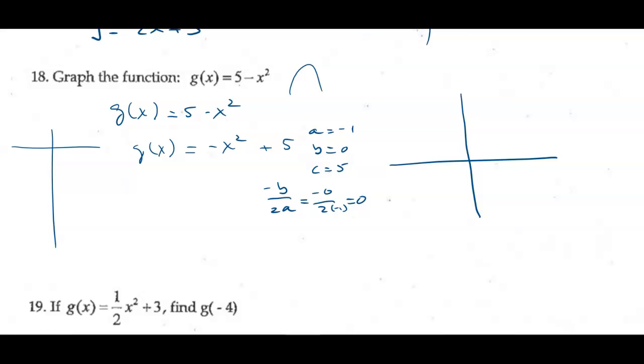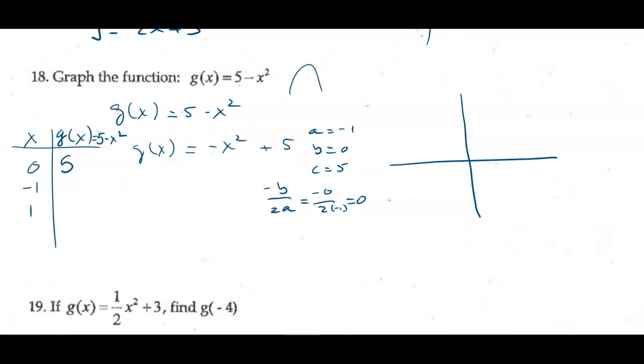Since we know the vertex is 0, it's always good to start there. So plug in 0. Well, 5 minus 0 is 5. All right. We probably want to put negative 1 and positive 1 to see what's going on here.